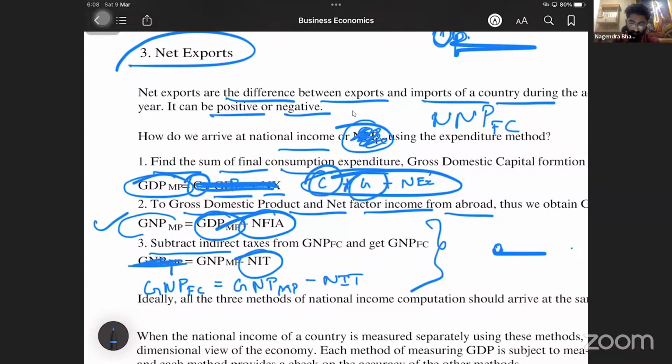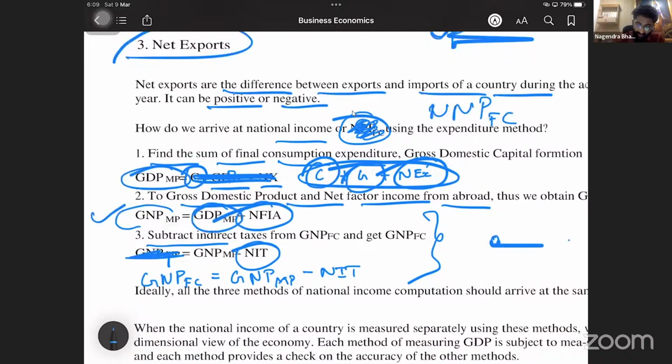C plus G plus NX: final consumption expenditure plus government expenditure plus net exports. Everything put together is GDP at market price. GDP at market price plus NFIA gives GNP at market price. GNP at market price minus NIT, net indirect taxes, gives GNP at factor cost.